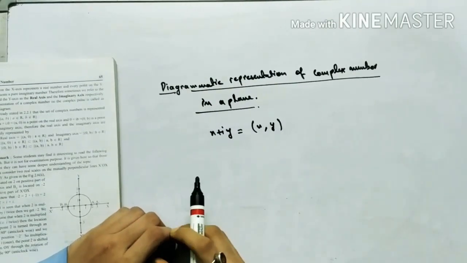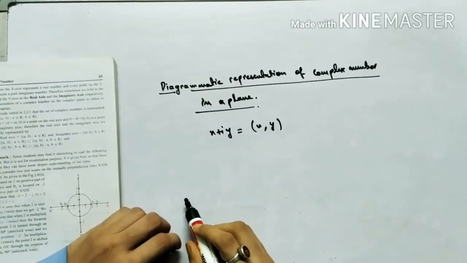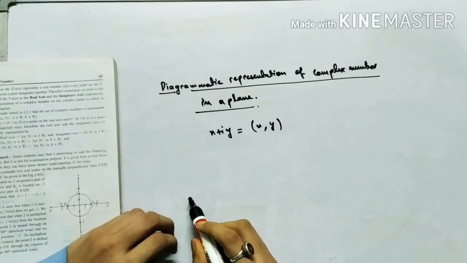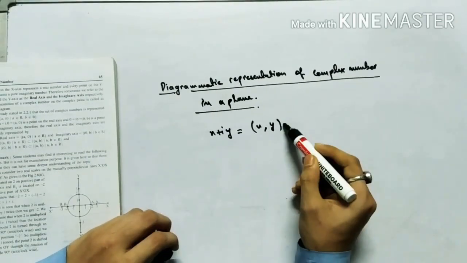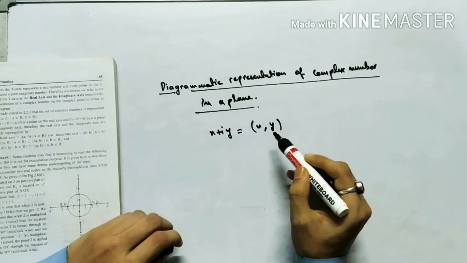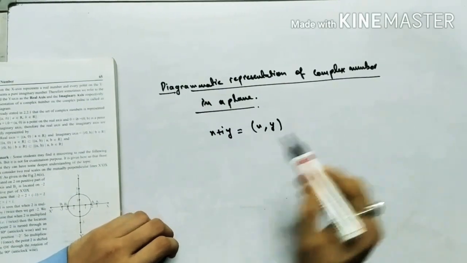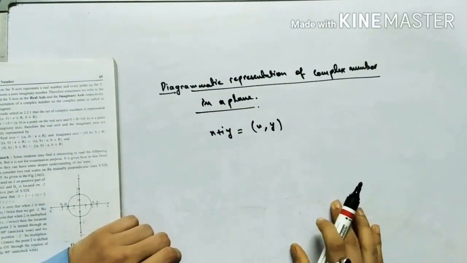A complex number I can write as an ordered pair, and this ordered pair represents a point on the complex plane.